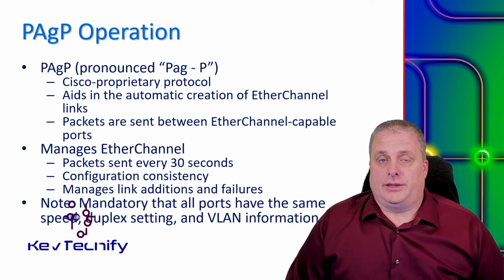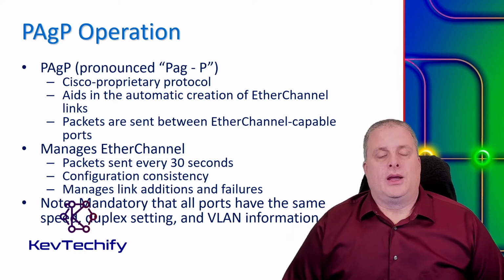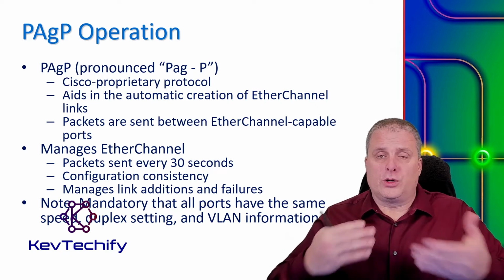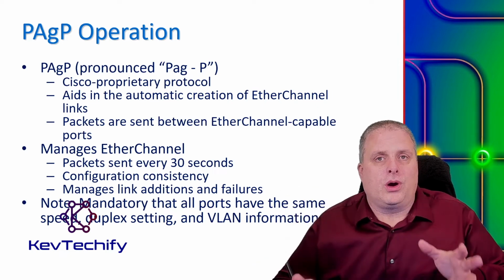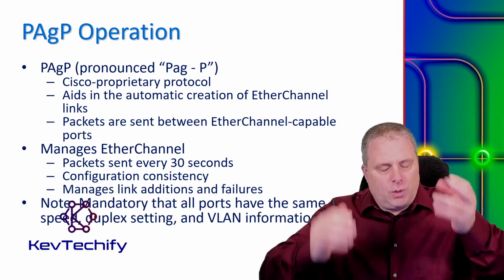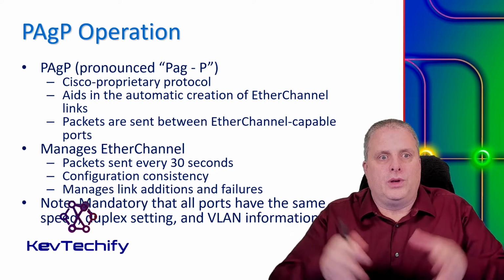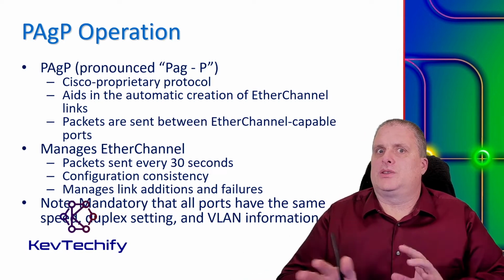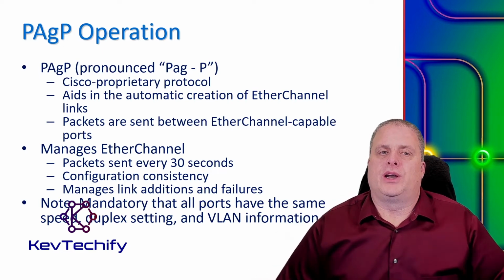If you are a Cisco shop, it's a great thing because it'll work on all Cisco devices and negotiate those connections. And when Cisco makes a proprietary protocol, they make sure it works. They give you all the bells and whistles in it. It's a good thing when you're in an all-Cisco shop. But as soon as you have non-Cisco stuff, that's where the Cisco proprietary protocols do break down.